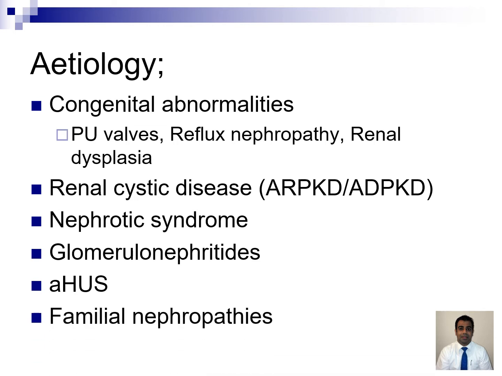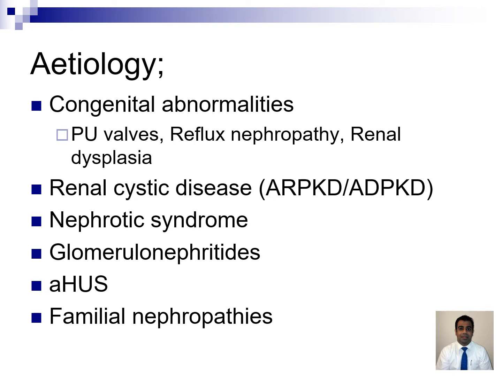Renal cystic disease, which includes autosomal recessive polycystic kidney disease and autosomal dominant polycystic kidney disease. Recessive is more common in children, obviously. So these 2 entities also are important. A small portion of nephrotics do go into renal failure, especially the steroid resistant ones.